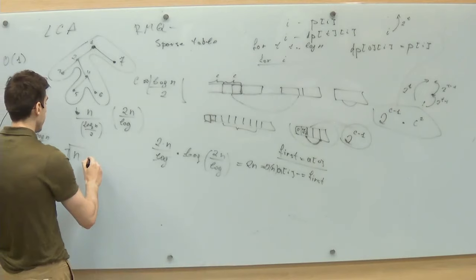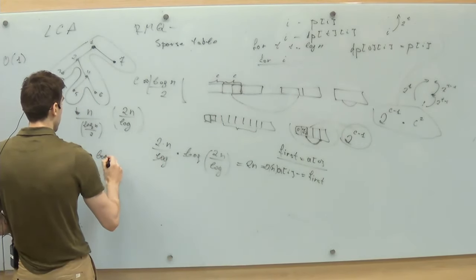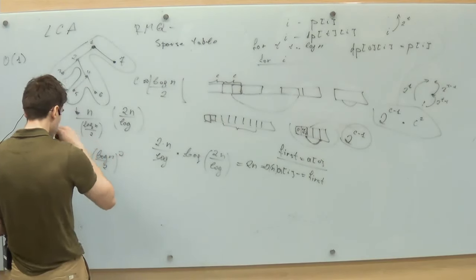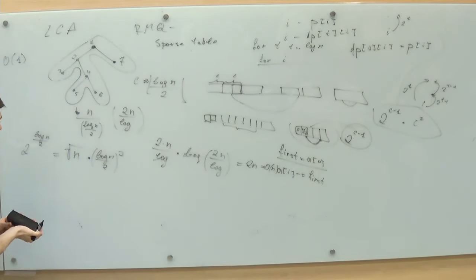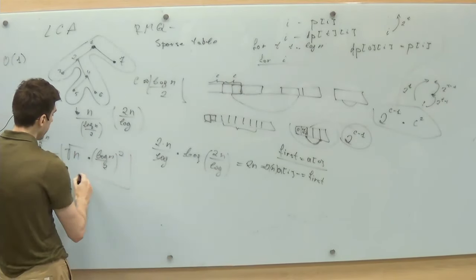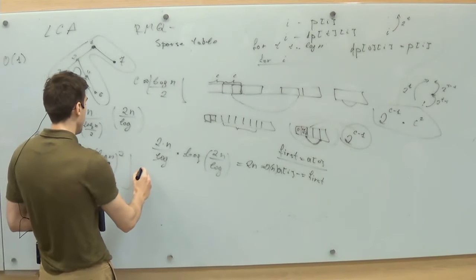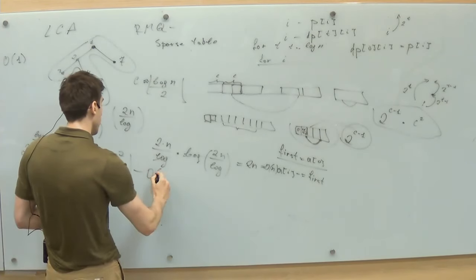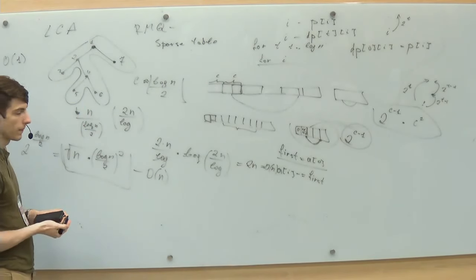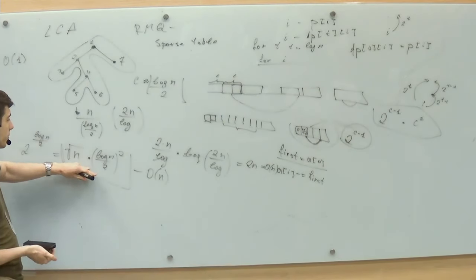And for any of them, it's just log n divided by 2 squared. And this number is also asymptotically smaller than n. Of course, for some smaller n, this would be larger.